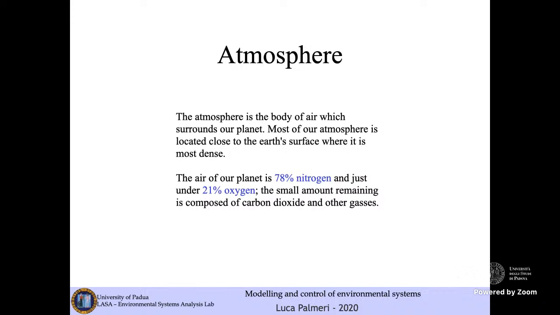The air of our planet is 78% nitrogen, and this tells you that the atmosphere is a sink or a reservoir for nitrogen, and just under 21% is oxygen. So the two main components of the atmosphere are nitrogen, the large majority, and oxygen. The small amount remaining is composed of carbon dioxide and other gases.